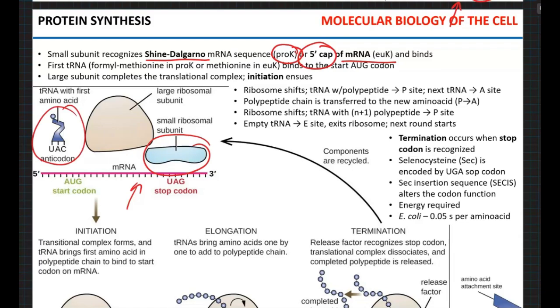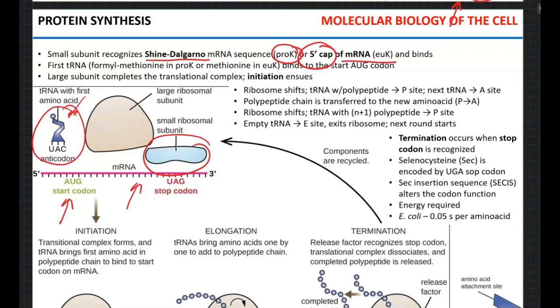Once that binding is complete, and the first tRNA binds to a start codon, which shows where translation should start, which is AUG in both prokaryotes and eukaryotes. Okay? One common confusion that students have is mixing up things like promoter and start codon. Promoter is the start of transcription. Start codon is the start of translation. We're good?